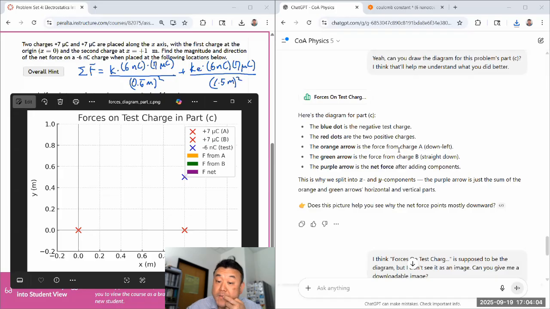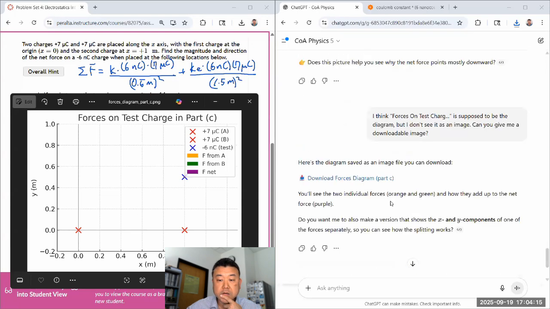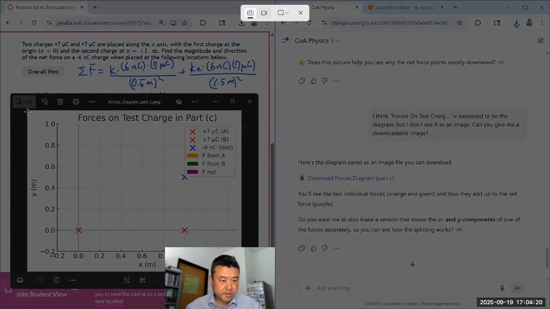I mean, if you can imagine, down left, going from here to that charge, green arrow is force from charge B straight down, and the net force should be somewhere here. So let me try this.